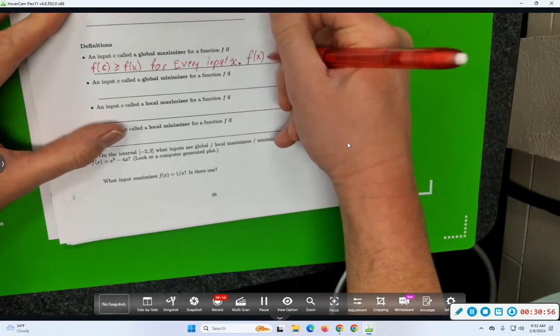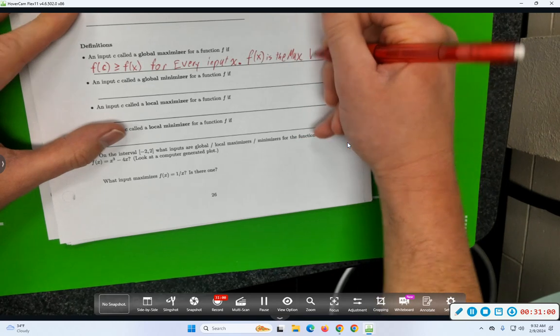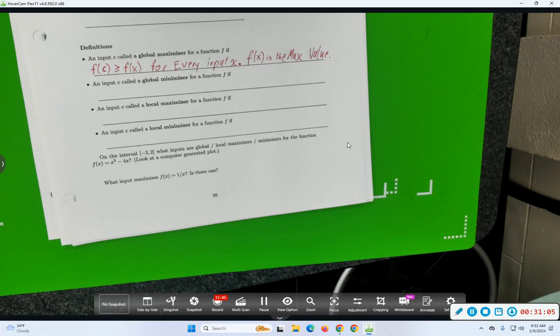F of c is the maximum value. That seem like a reasonable thing to call that? An input is a global maximizer if when you plug in that input, you get something that's at least as big as every other output. That's what that sentence is trying to say.